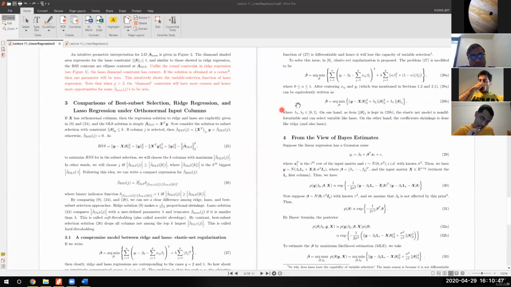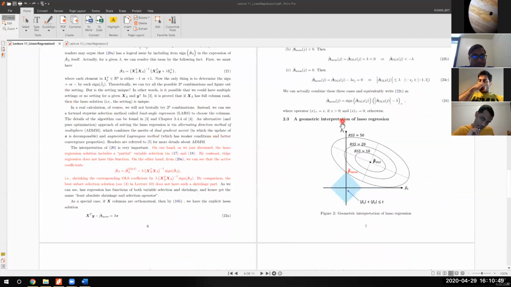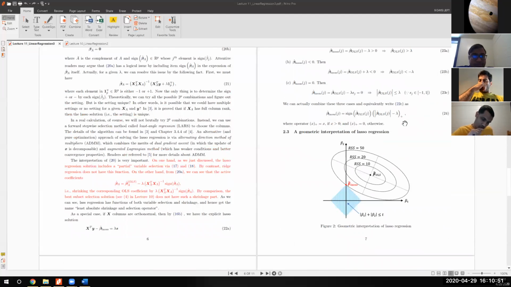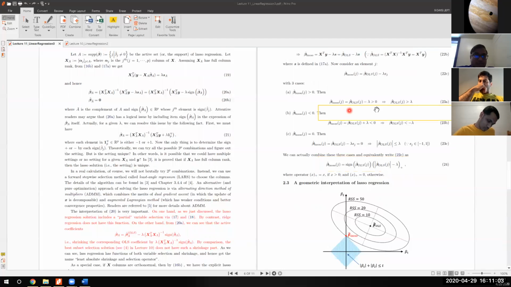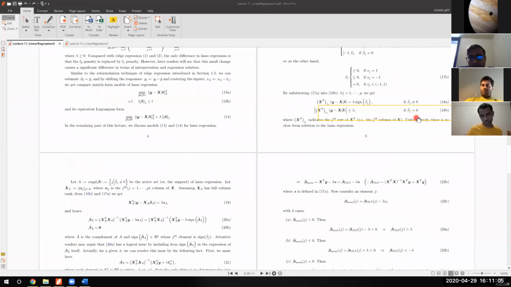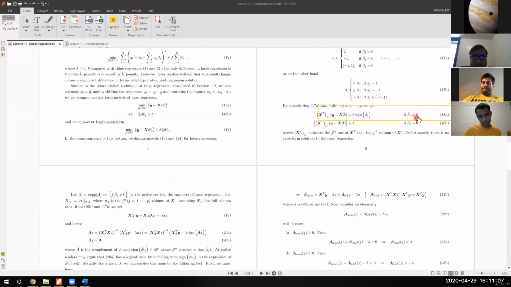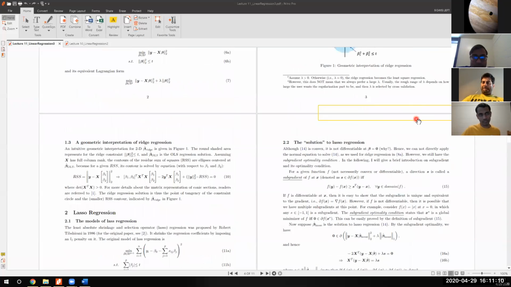From what we got in 24, this is the Lasso explicit, closed form solution when the X columns are orthonormal. And then after it, where is my ridge conclusion? My ridge conclusion is here. Where's the ridge conclusion?